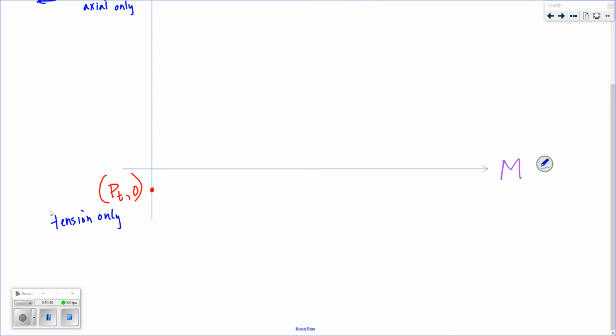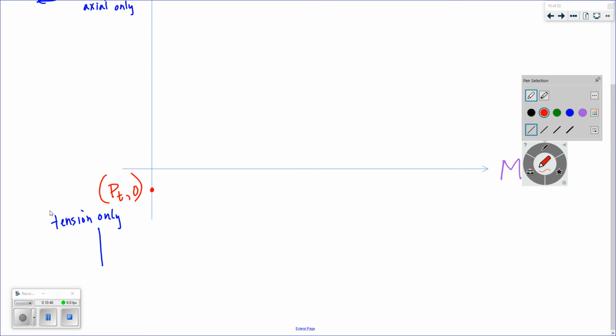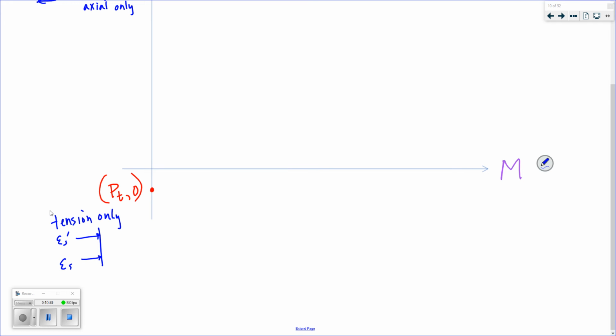So if you're looking at your forces, your strain profile, you have the strain in your steel only.